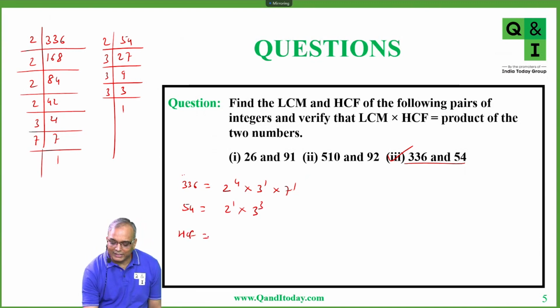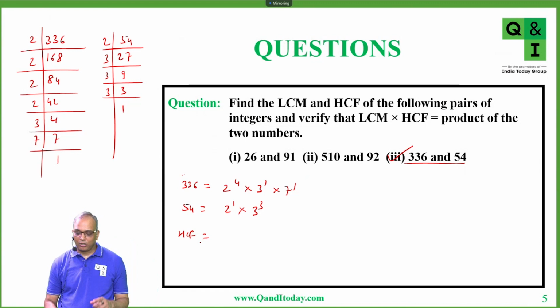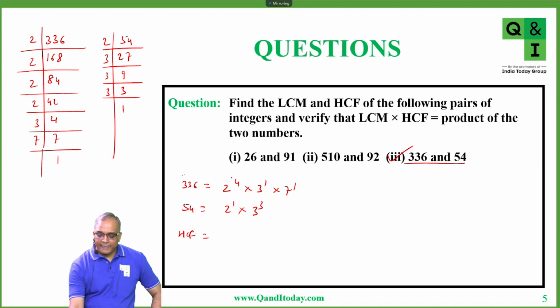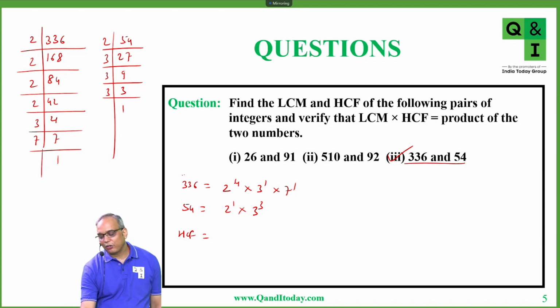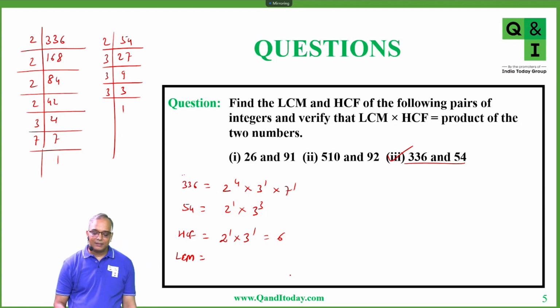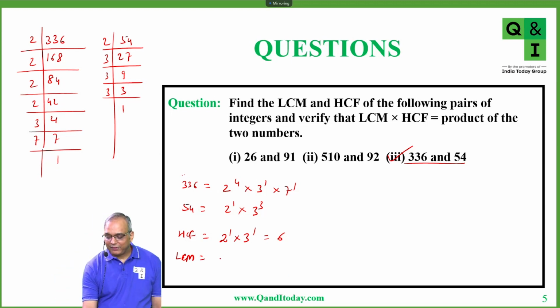If you have to find the HCF, you have to take the common factor. Common factor is 2. Yes, LCM is also correct. Please verify it as well. So in HCF, you see the common factor is 2 and 3, and the lowest power is 1 in both the cases. So 2 to the power 1, 3 to the power 1 is 6. LCM, we have to take all the factors with highest power.